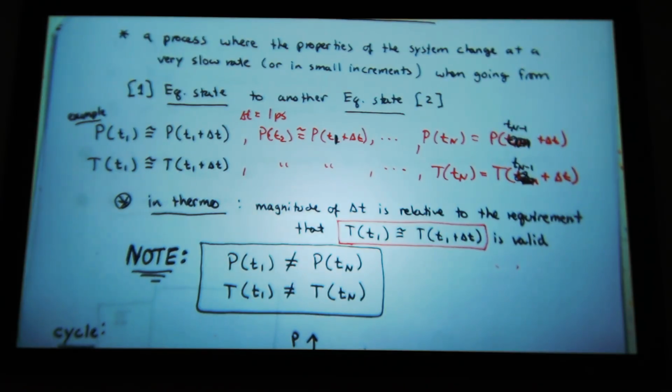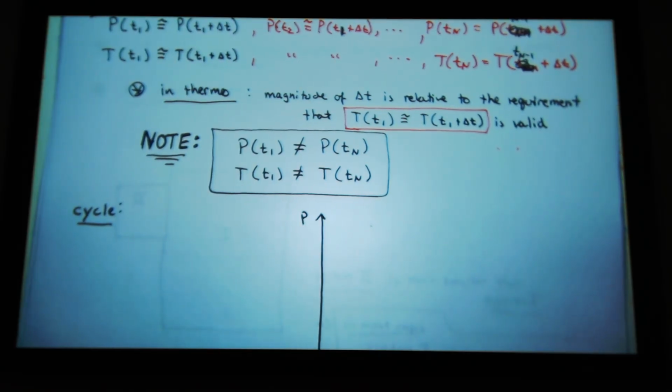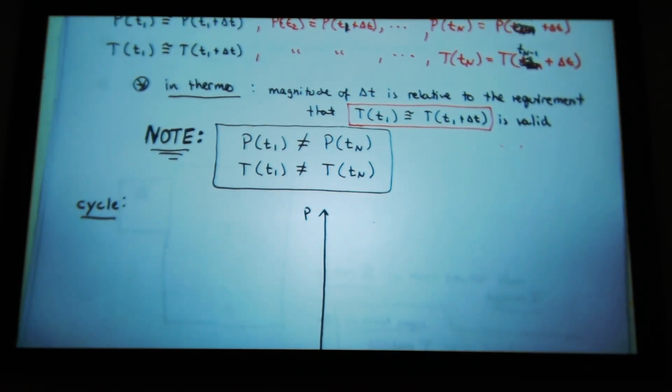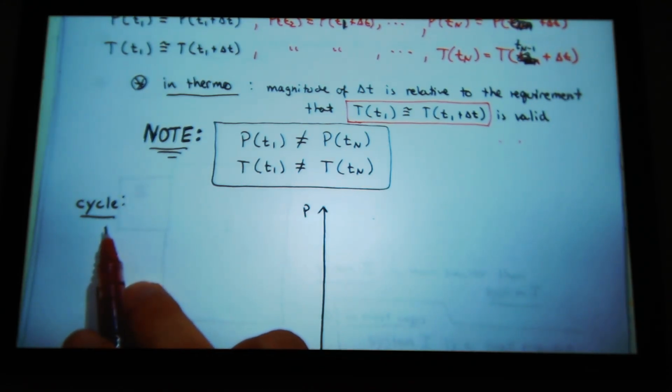Okay, so now we're talking about processes and paths. Someone just asked a question about an engine and the different parts of it. Most of the systems that we use in everyday life are processes that go through cycles.